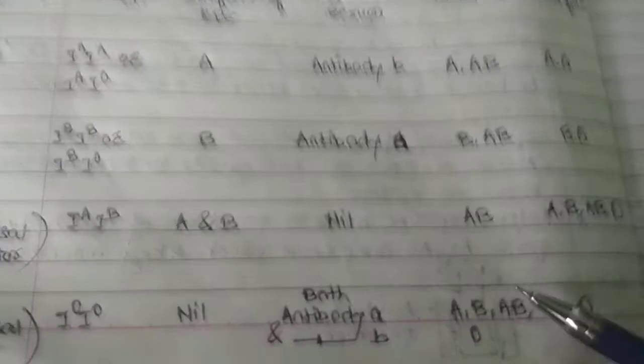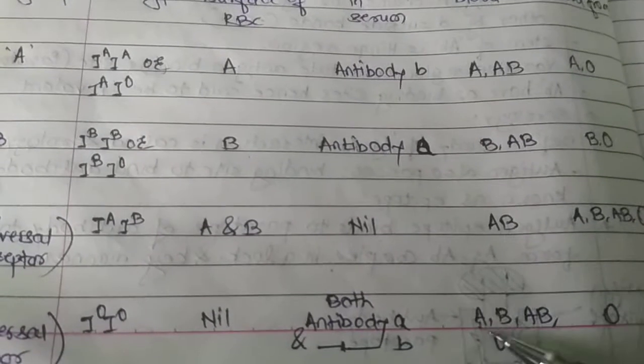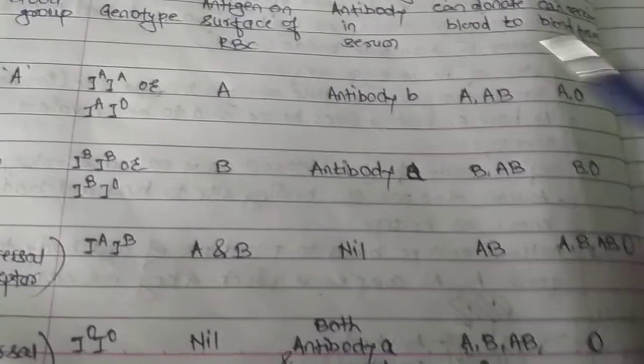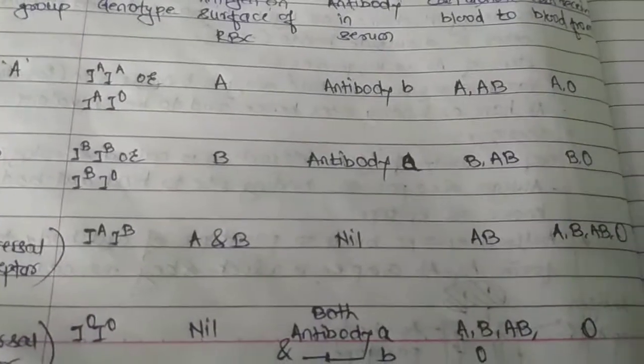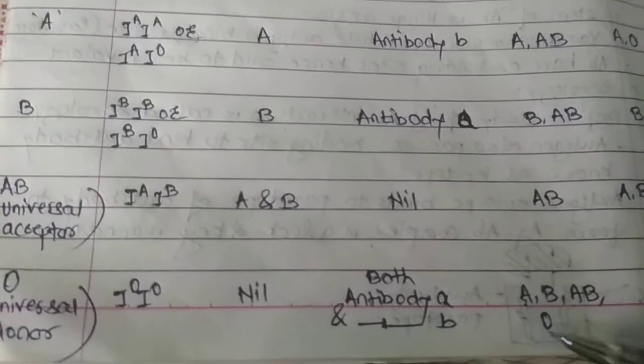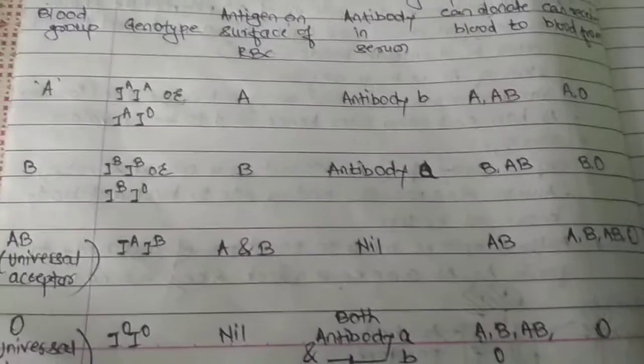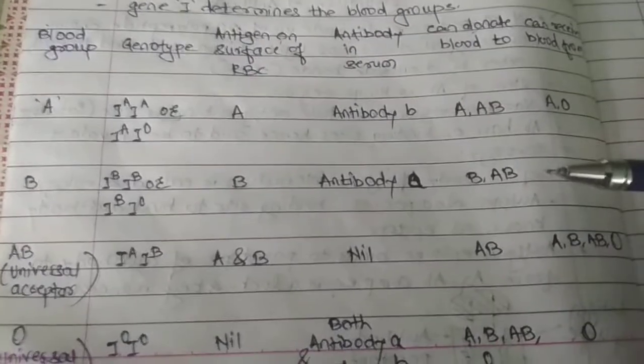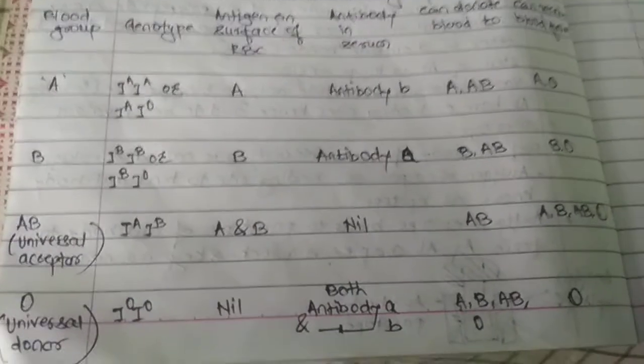It can donate blood to any of these four blood groups, that is A, B, AB and O, and it can receive blood only from O. That's why it is called a universal donor, and it can donate blood to all four blood groups, A, B, AB and O. Fine, this is all about the chart, and we will see the next point in the next lecture.